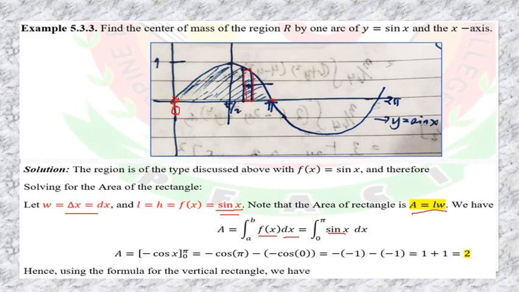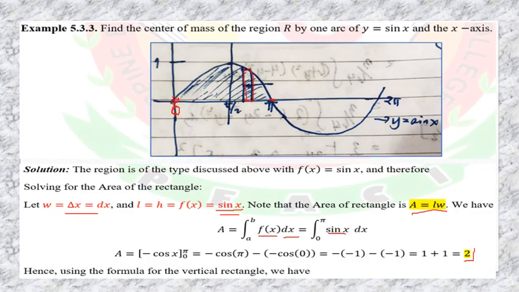So we have A equals the integral of sine x, which is negative cosine x, evaluated from 0 to pi. So we get positive 2. The area of our region is equal to 2.